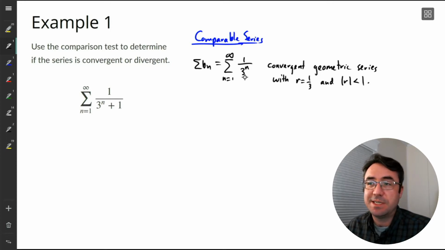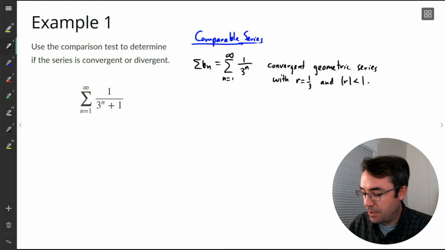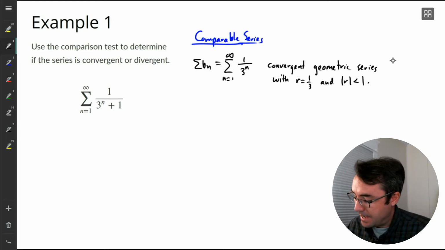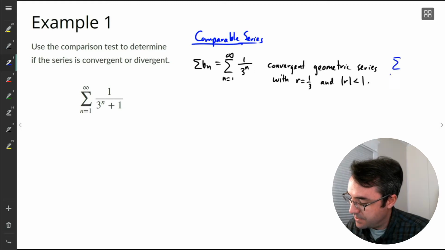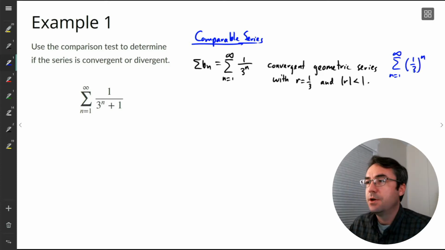So how can we actually see this? Maybe we don't quite see yet that this is a geometric series. If you're not convinced yet, you could use some of our exponent properties, where there's a hidden exponent of n on the 1.